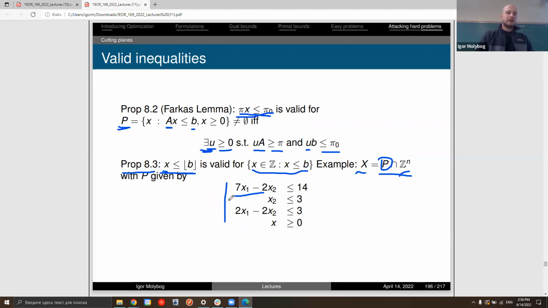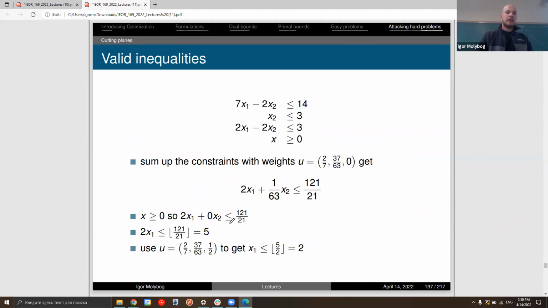For these four inequalities, we can sum them up with weights U such that it's 2/7, 37/63, and 0, and we will get the following expression.